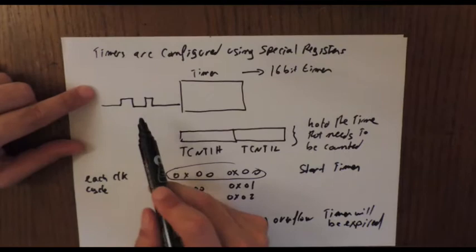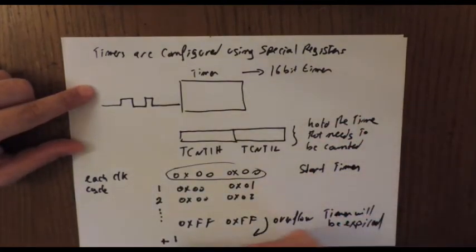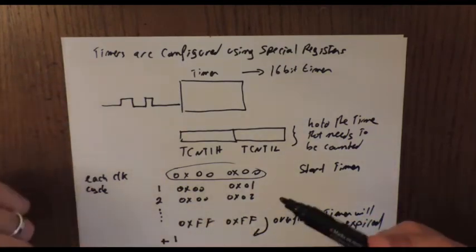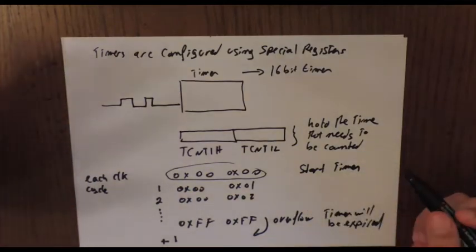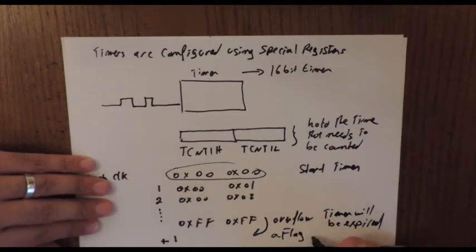At each clock cycle I start counting values 1, 2, 3, 4 until I reach the maximum value, which is all F's, FFFF, and then when it overflows, the timer will expire and I have a flag or an indicator telling me the timer is finished.